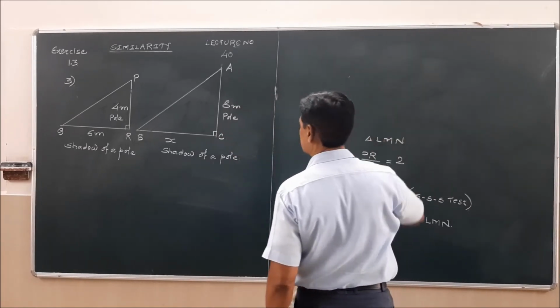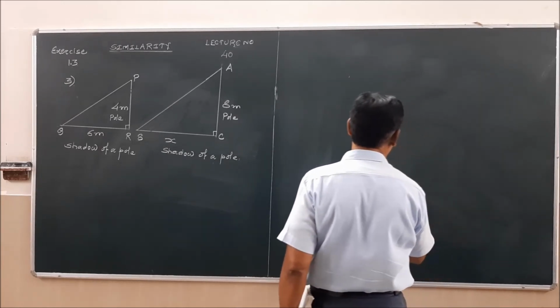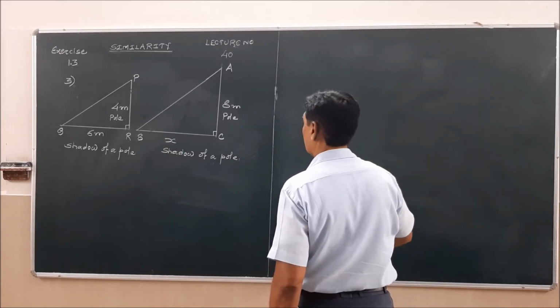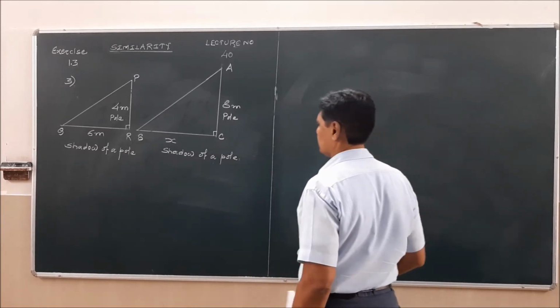The question asked is: what is the value of X, the shadow of pole AC?